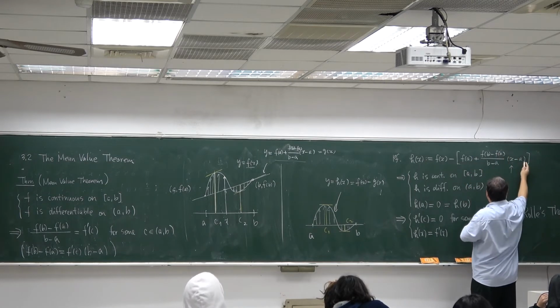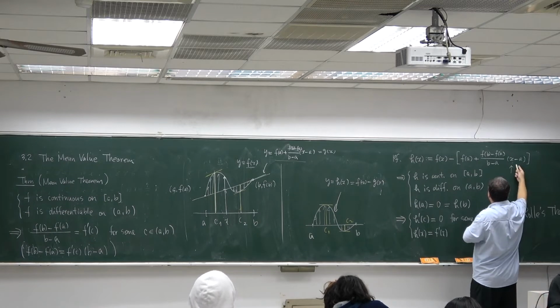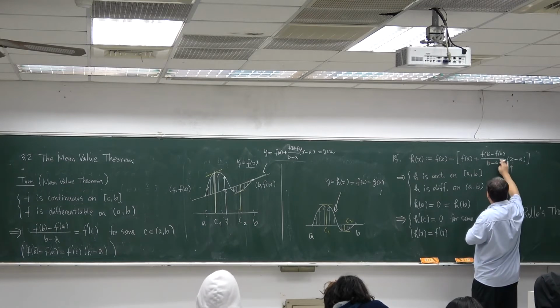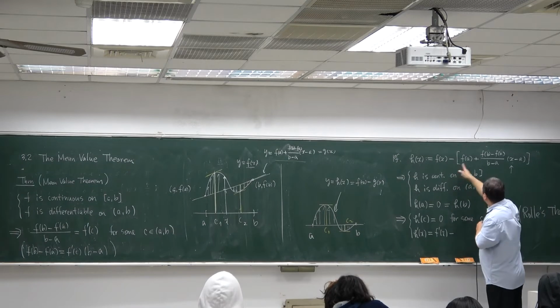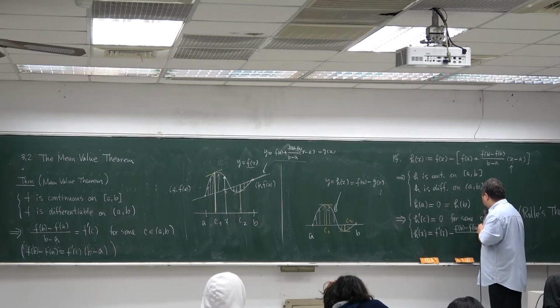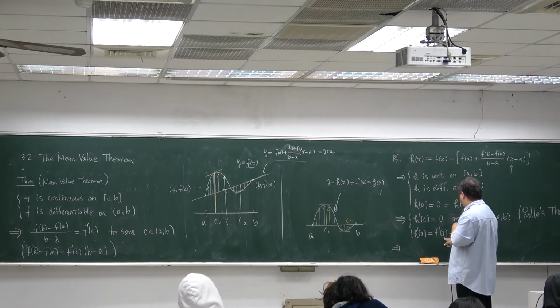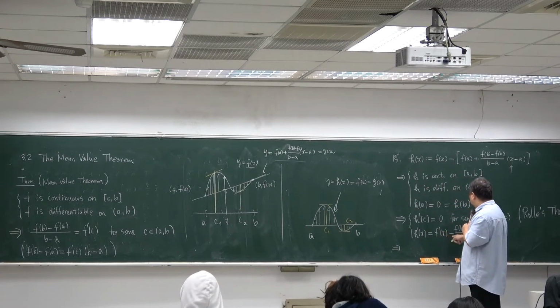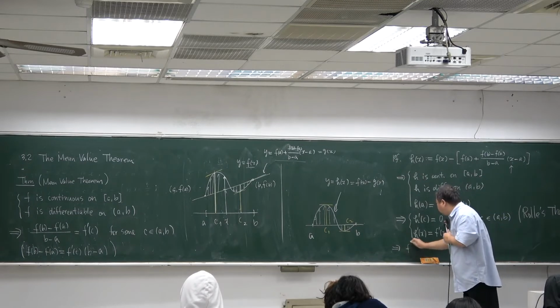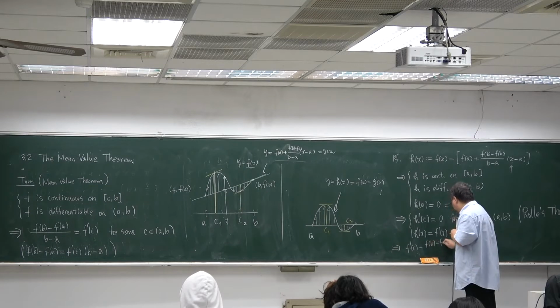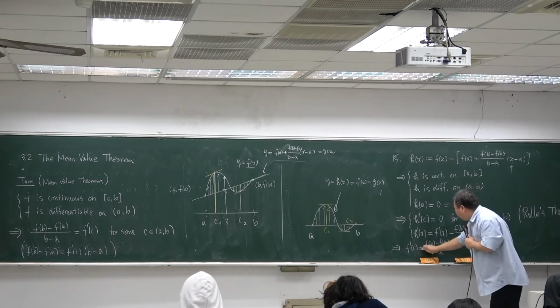By the derivative rules, the second term is also a constant: this number times x, whose derivative is (f of b minus f of a) over (b minus a). Therefore, h prime c equals 0 means f prime c minus this one equals 0, which means they are equal.